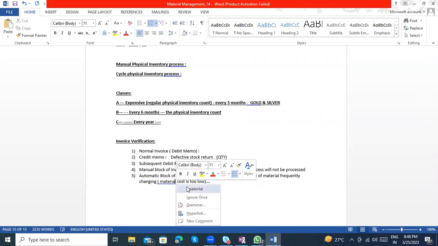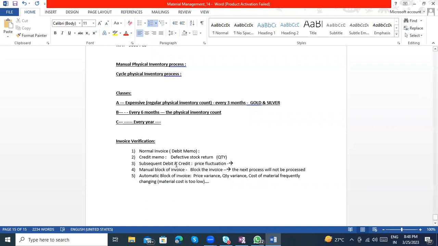What will happen when I'm posting the invoices? The system will check whether there is any difference. As we discussed earlier, there is a three-way matching. It will check the PO price and GR quantity, so it will be validated. At the configuration level, there is a tolerance update. For the tolerance key, we can accept, say, a 10% variance, upper limit or lower limit.